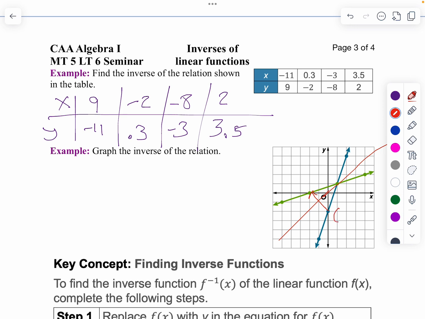So like on this one, it's at 0, negative 2. That goes to negative 2 and 0. Notice the point that's on the line y equals x doesn't move at all. And then my points move right there. So you just flip them around and graph them.